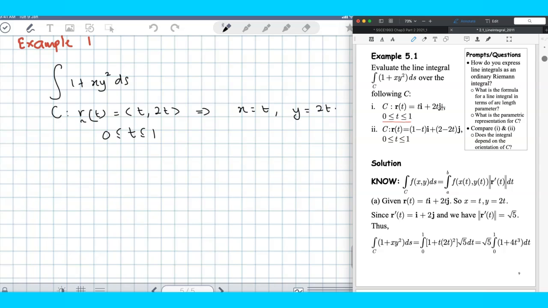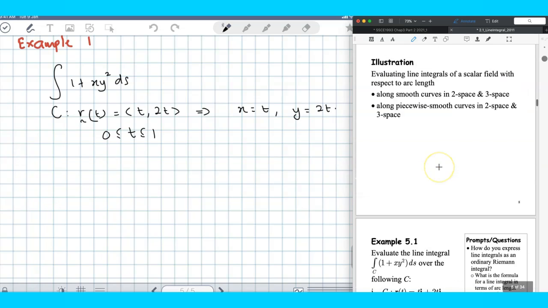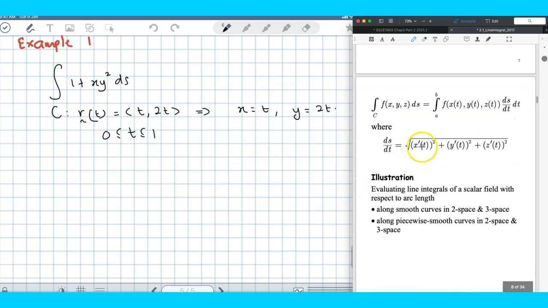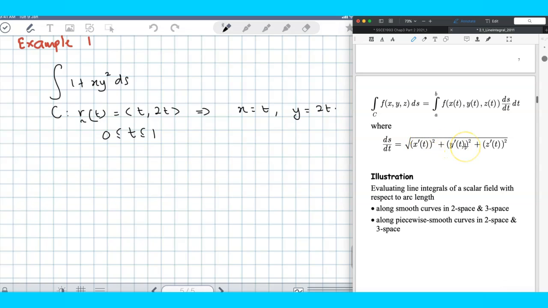For the formula of the speed, you have to differentiate x with respect to t, and y with respect to t. So x prime will give you 1, y prime will give you 2.